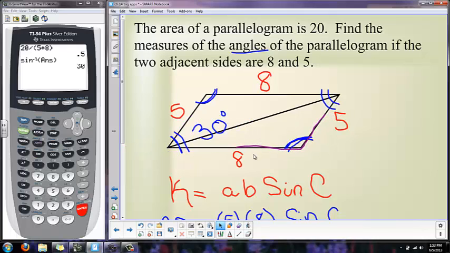They are called supplementary angles. Supplementary means add up to 180. Complementary means add up to 90. Because these two angles are supplementary, if this one is 30, this must be 150 degrees. That is definitely going to help in the next section when we start talking about the law of sines, but just so that you know, they add up to 180.